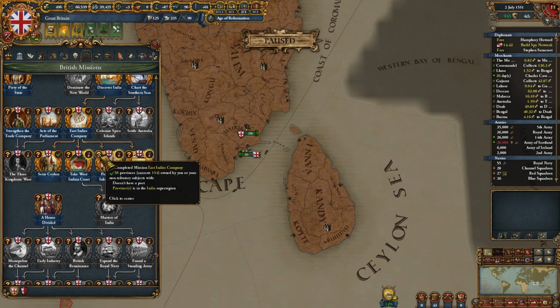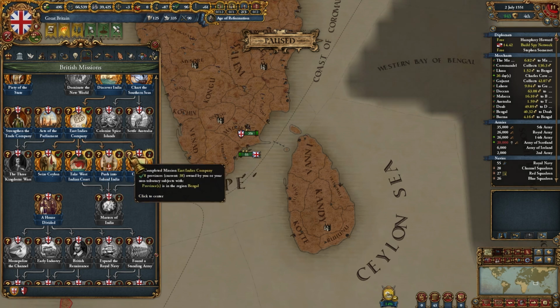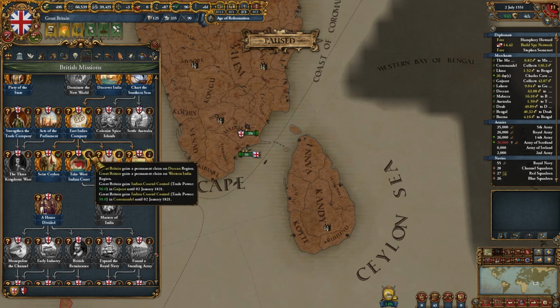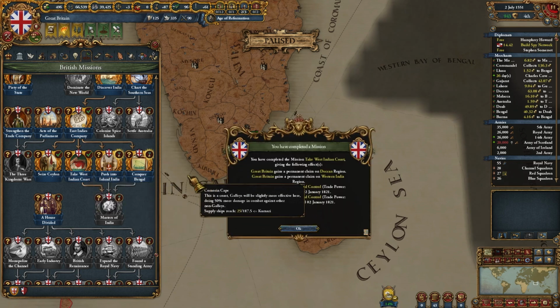150 out of 50 provinces in the India super region, which without a port apparently, so inland provinces, and 38 out of 8 provinces in Bengal. Those missions give me some trade power in Gujarat and Coromandel, which is ideal because in those 2 I am collecting, as I said, and also more permanent claims.